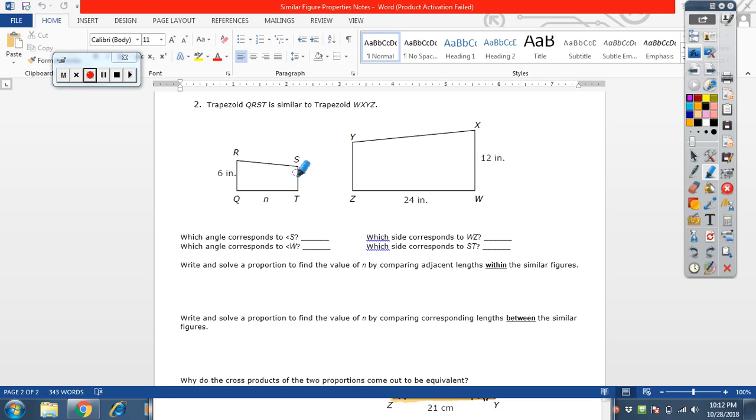So here's how I did it. See, it's a trapezoid, not a parallelogram. This side is short. Which side is short over here? Right? So they correspond. It makes it really weird. This side is tall, so this side is tall.